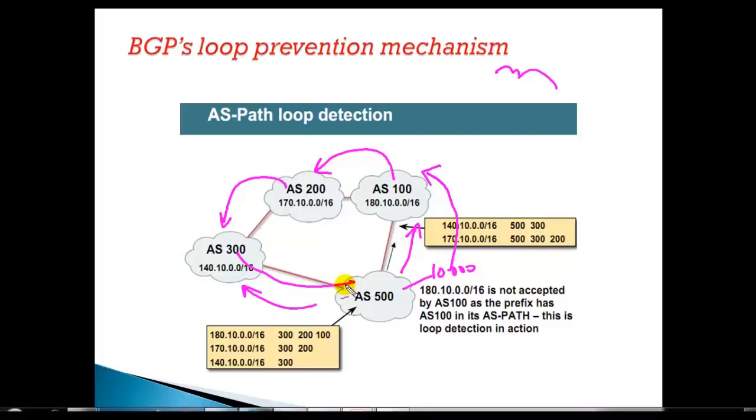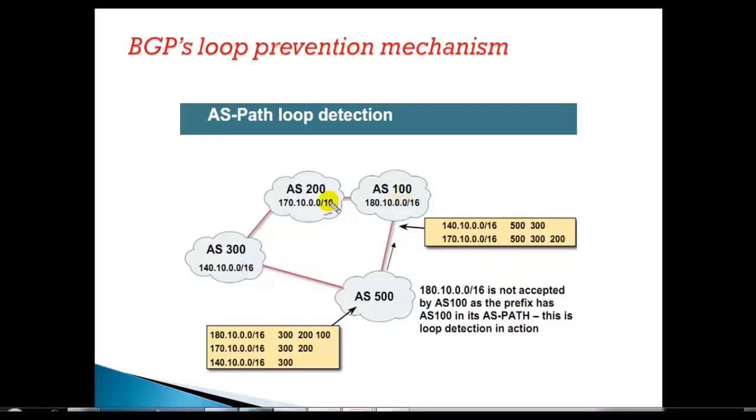Now that will again create a loop. But in BGP there is a rule that whenever a router sees its own AS number, like if you remember, just now I discussed the path vector behavior.